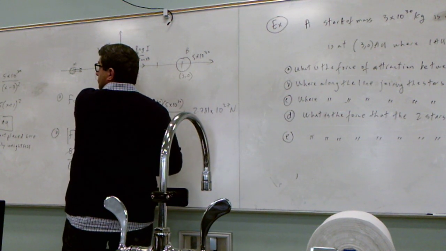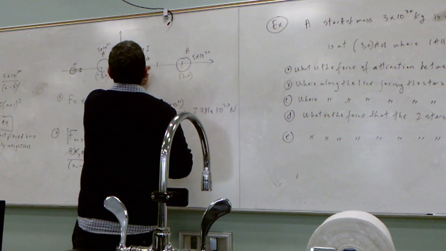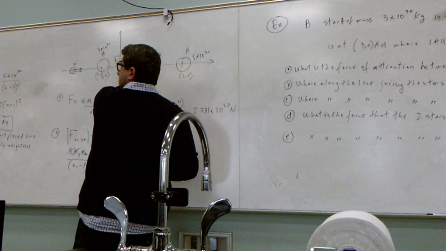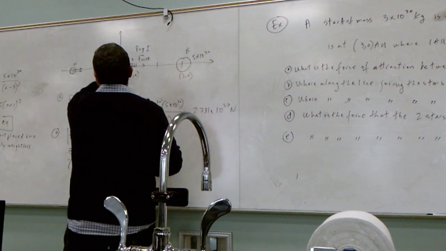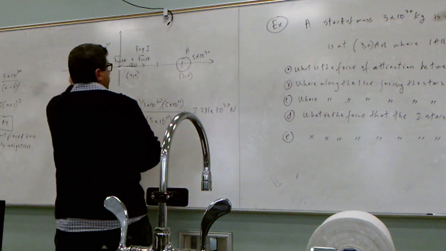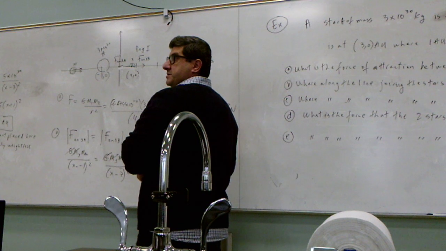Because remember, over here it's 0. So I expect there to be somewhere here and somewhere here where it's 9.8. Then over here somewhere, there might be a place where it's 9.8. So I think there should be 4 answers, probably.